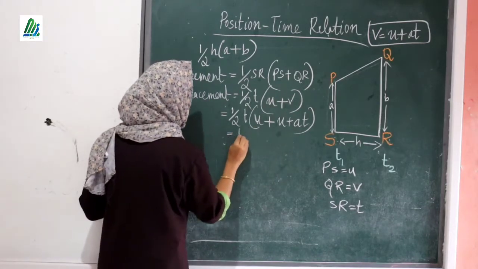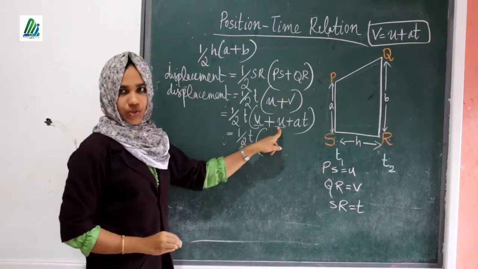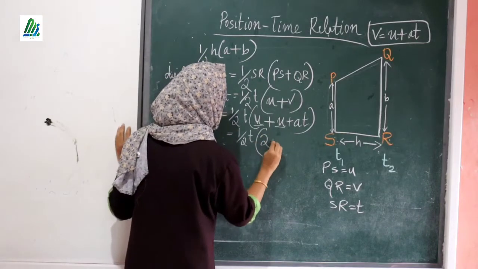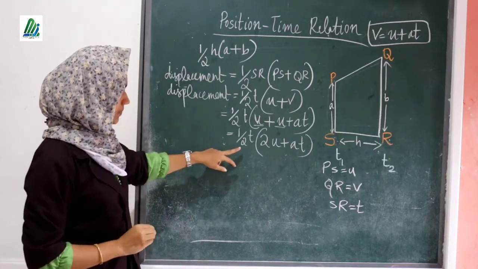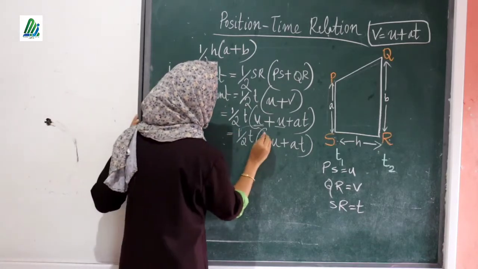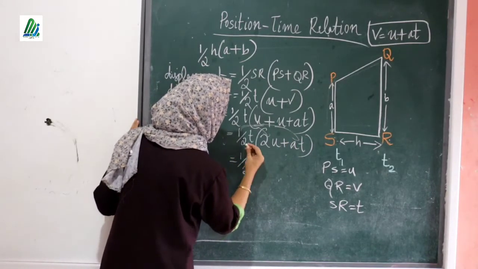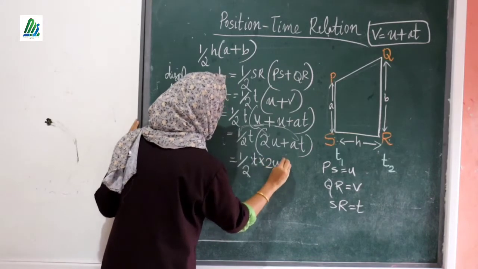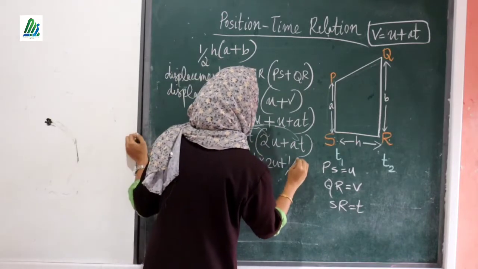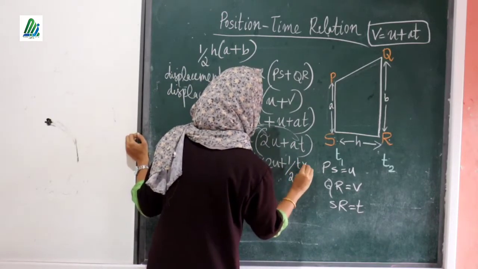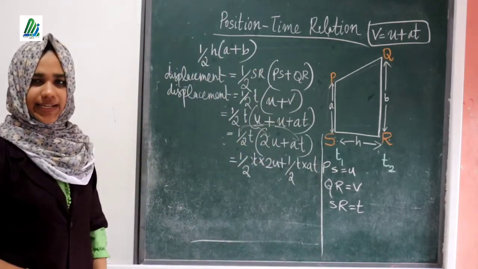Then next step, half t into, here you can see u plus u, consider this as 2u plus at. Then we multiply this: half t into 2u plus half t into at.